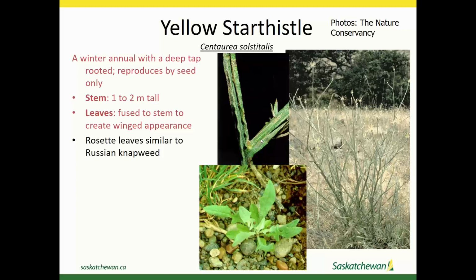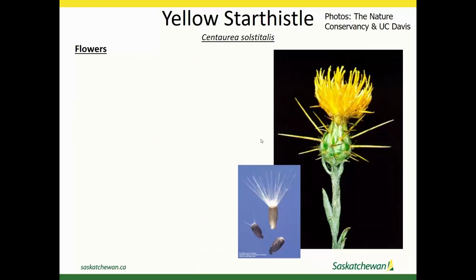And essentially, rosette leaves are deeply divided. They've got those hairs on them, and they almost look like a Canada thistle rosette without spines on it. As I said, the entire plant is covered with cottony hair, and it gives it a ghostly gray appearance.